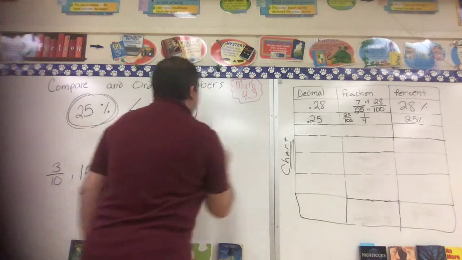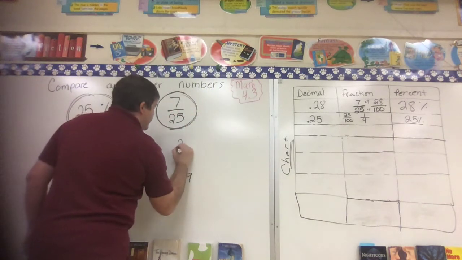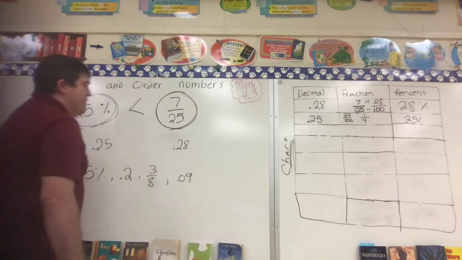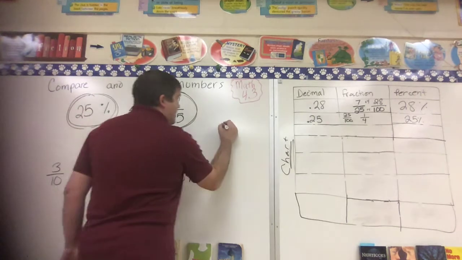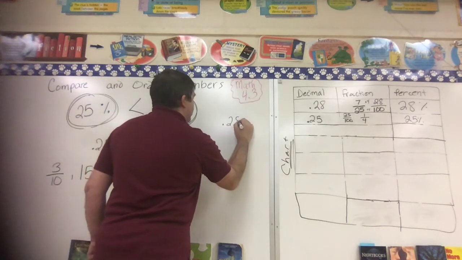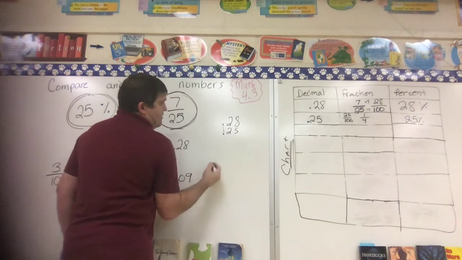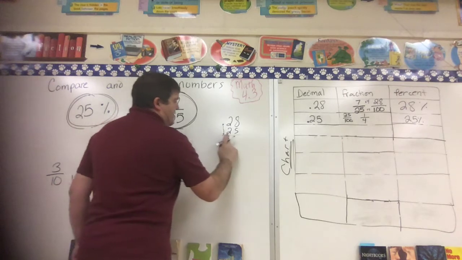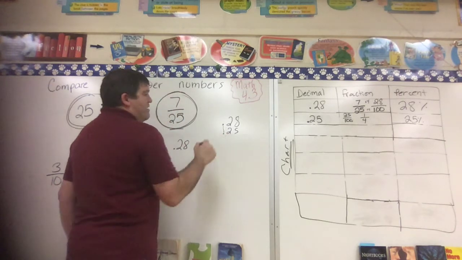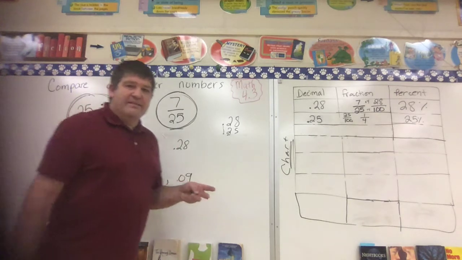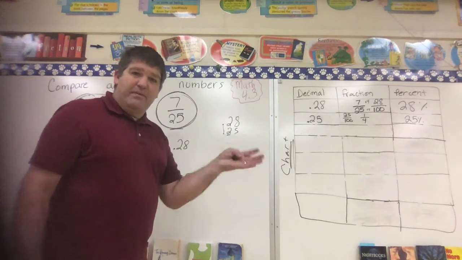Or I could go decimal. This one is 0.28, this one's 0.25. And the way I compare decimals is I line them up. 0.28, 0.25. I make sure my decimals are lined up, and then I start with the first one, and I see which one is less than or greater, depending on if I want the big one or the little one.